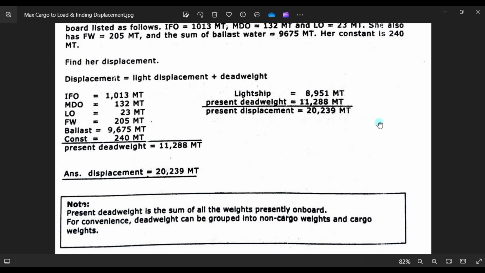Note, present dead weight is the sum of all weights presently on board, meaning non-cargo weights plus constant and your ballast. For convenience, dead weight can be grouped into non-cargo weights and cargo weights. So light ship plus your present dead weight will be your present displacement.